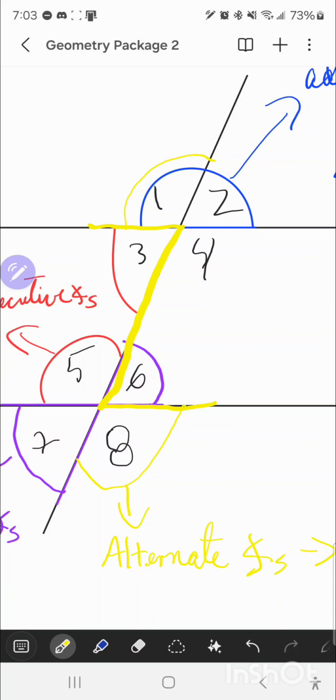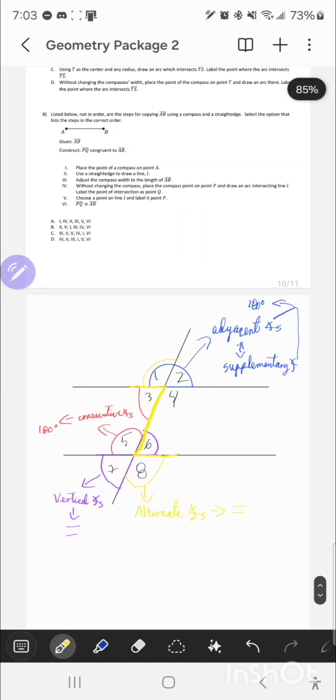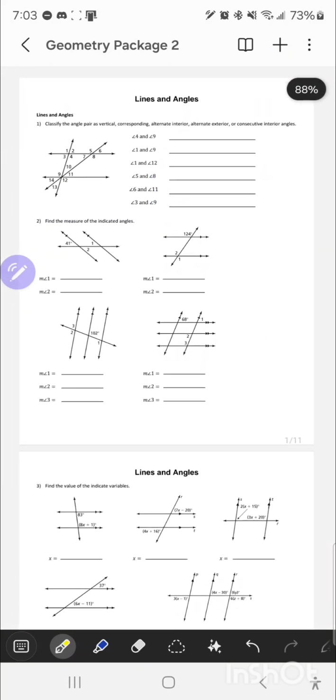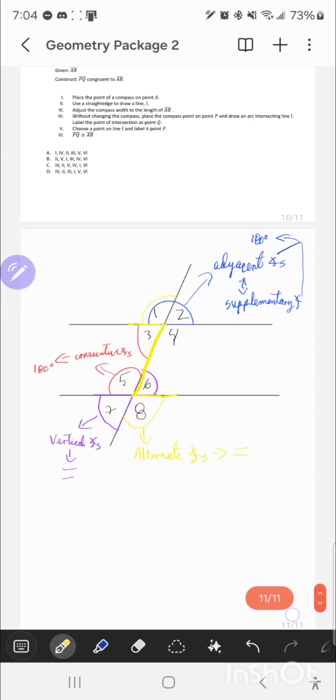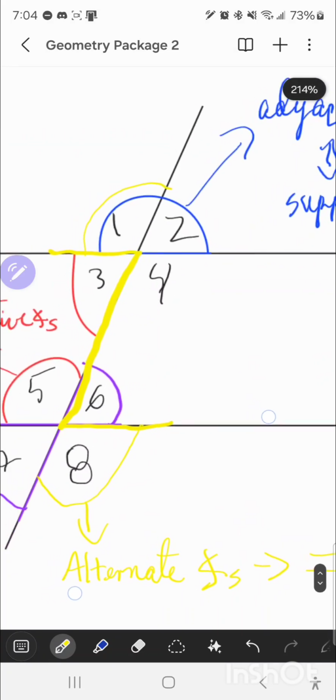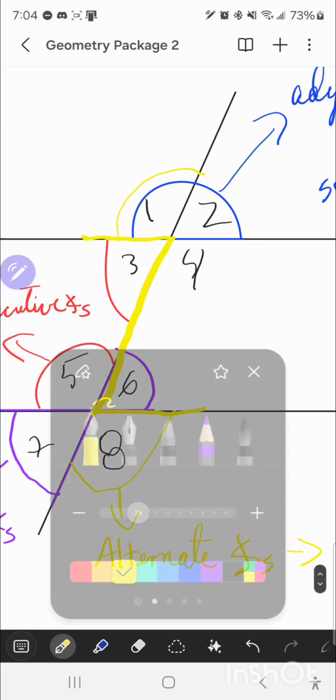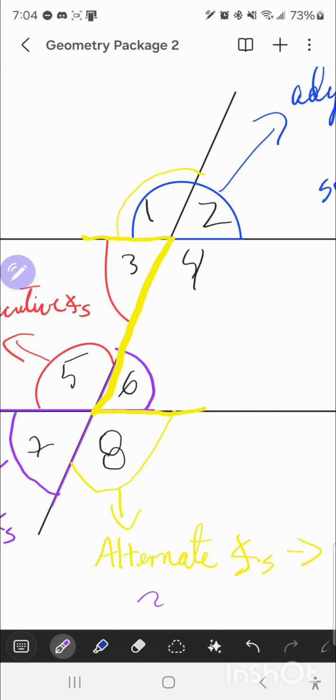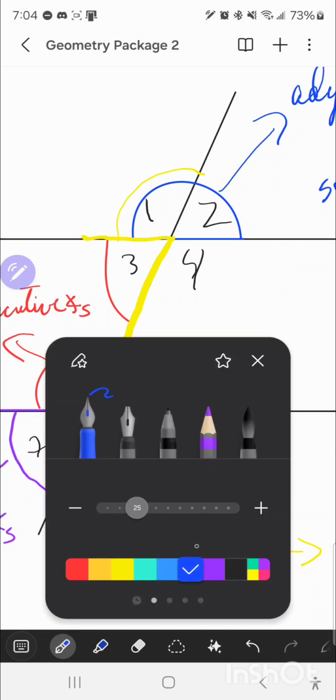Now I'm just missing one more. It's consecutive, vertical, adjacent, alternate. Let me see the name. Corresponding. Okay, now corresponding angles. For them, I always draw an F. So what I would do, another color.